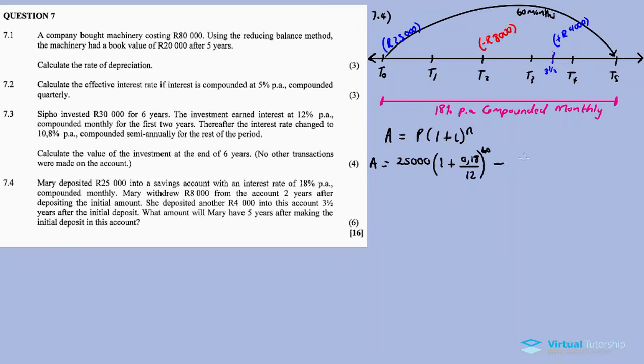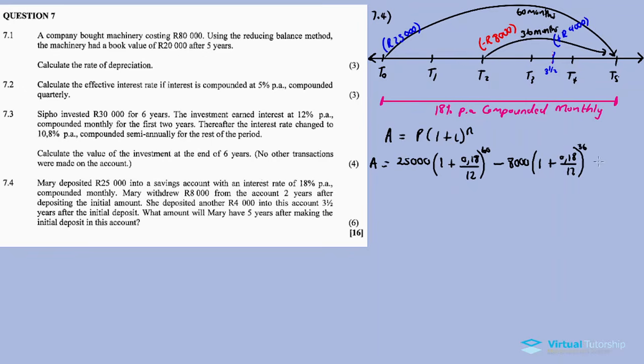And then we withdraw 8,000 rand. We keep 8,000 rand, so it's 1 plus 0.18 divided by 12, the interest rate doesn't change, for a period of how many months? 36 months, because it's from T2 to T5, and the difference between 5 and 2 is 3, and 3 times 12 is 36.